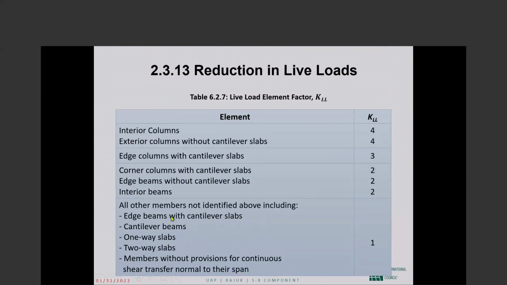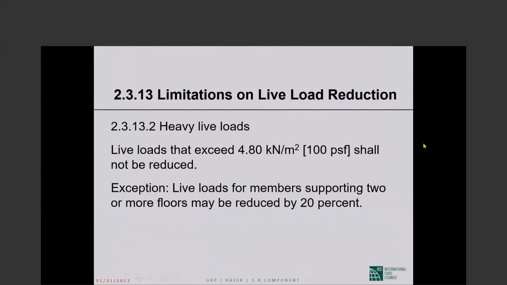And the shear wall, when we get there, will be under all other members not identified above. Identified above are interior columns, exterior columns without cantilever slabs, edge columns with cantilever slabs, corner columns. Okay, these are all columns, and then everything else you have K sub LL of 1. So for the corner column, you have K sub LL of 4.